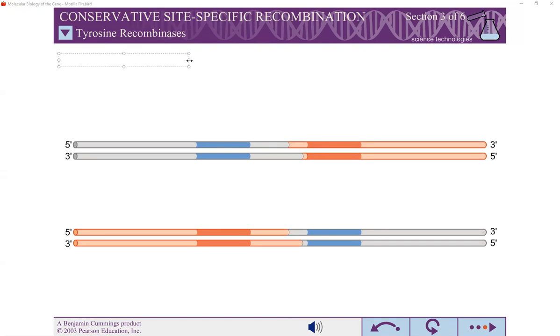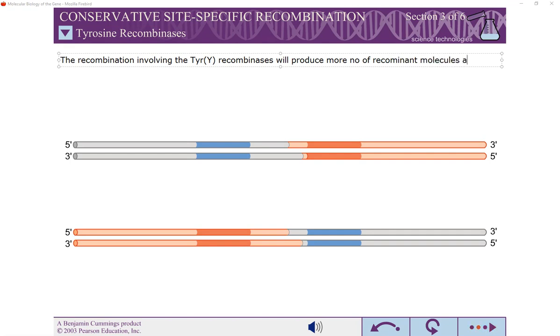So here I can conclude that recombination involving the tyrosine (TYR) recombinases will produce a greater number of recombinant molecules as compared to the serine recombinases, as it will involve the formation of two Holliday junctions.